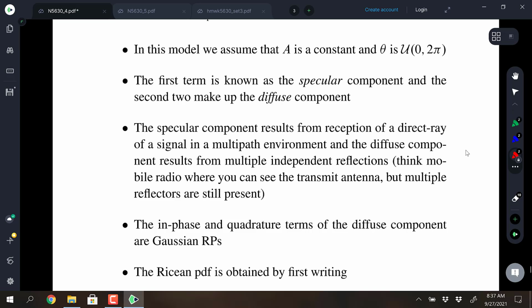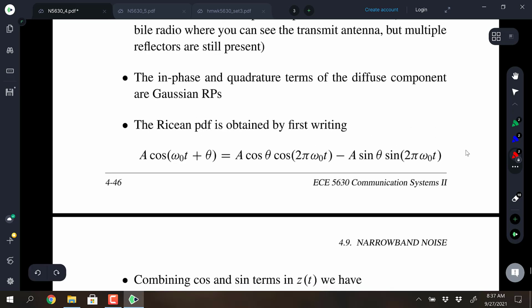So we have a direct ray from the signal, and then we have a diffuse set of components. I'm going to try to draw a picture to say that we've got that, and then we've got all kinds of other tiny components arriving from different arrival angles.